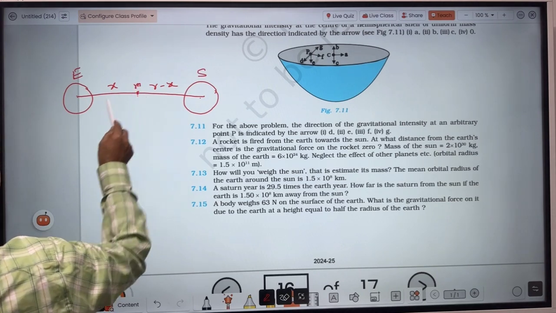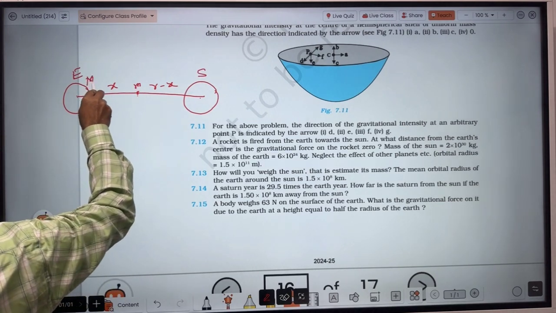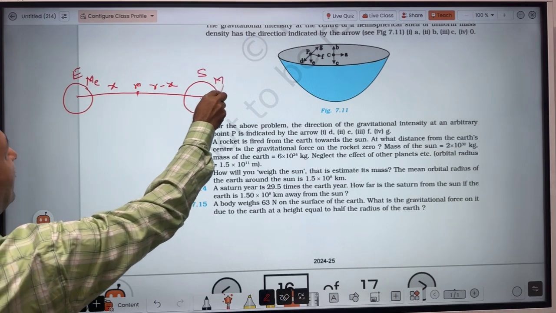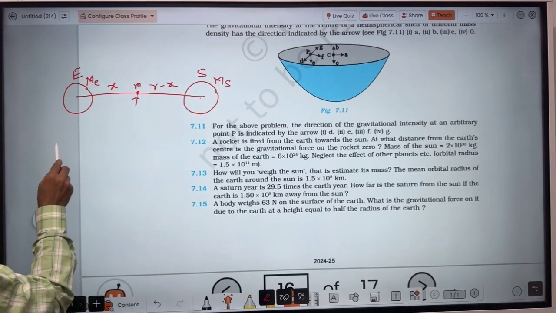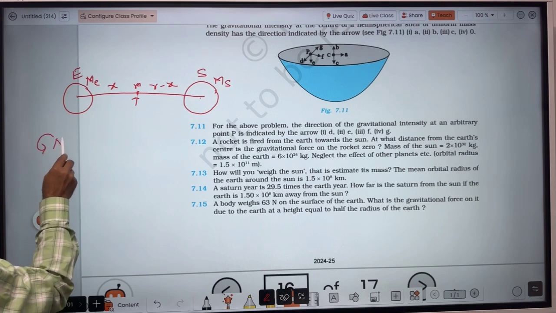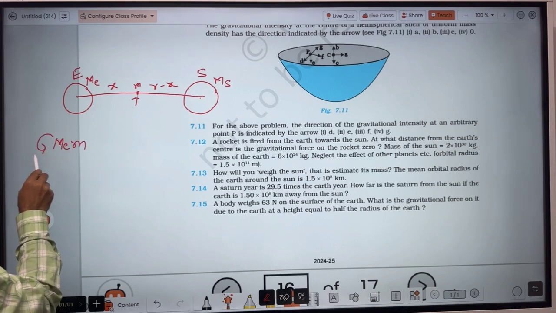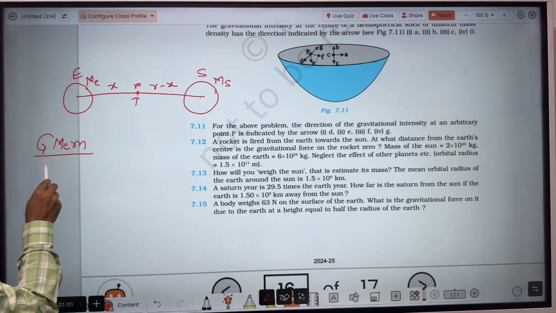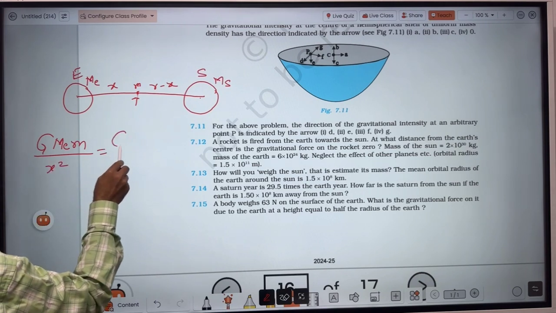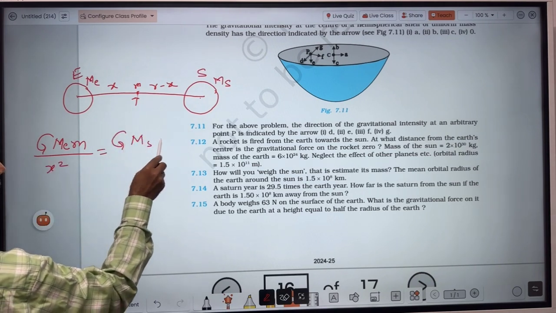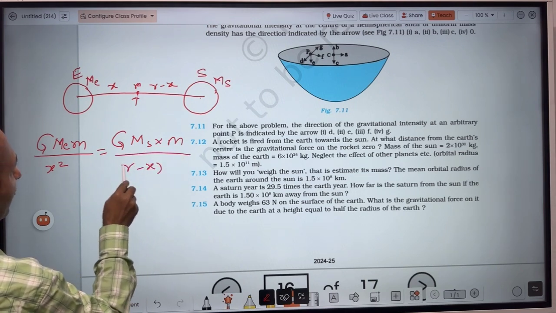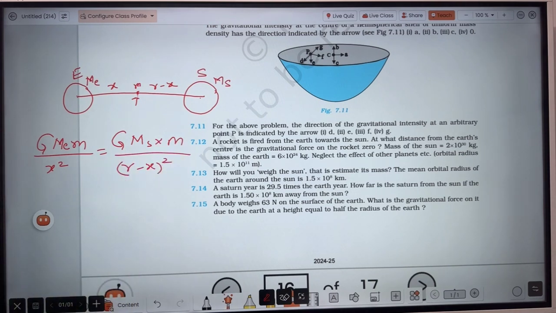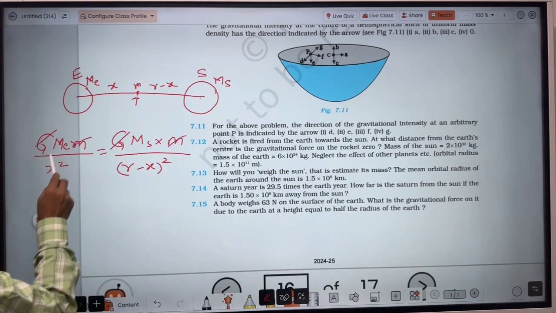And suppose this is the neutral point, with mass of earth and mass of sun. So force at this point should be 0, so we can write G times mass of earth, mass of rocket divided by x square must be equal to G times mass of sun, mass of rocket divided by r minus x whole square. So GM will cancel out.